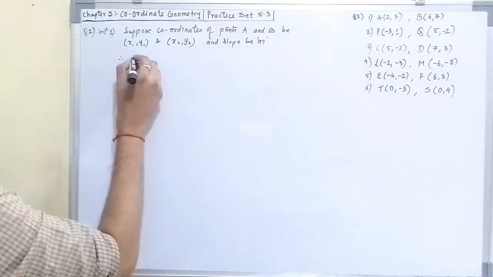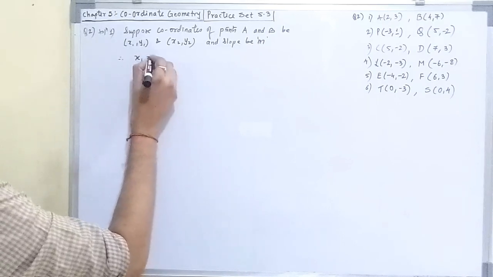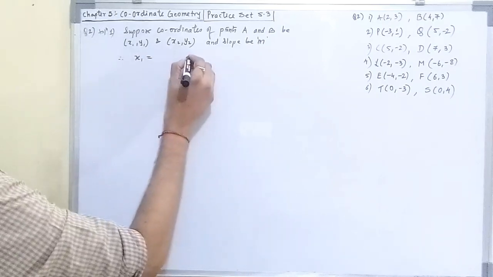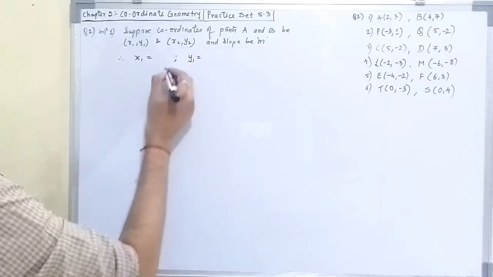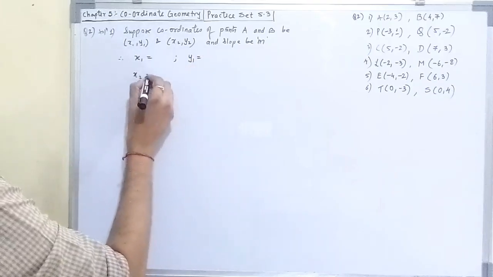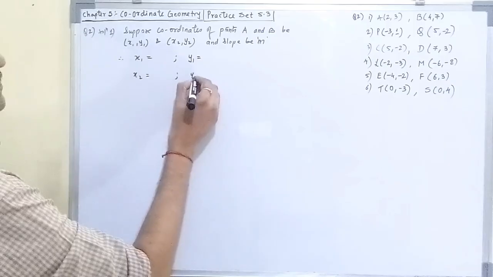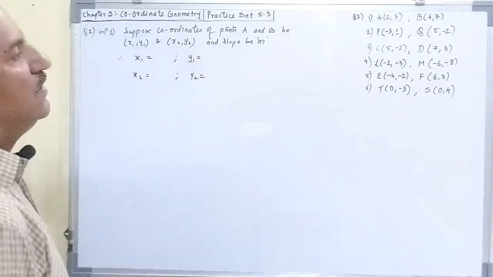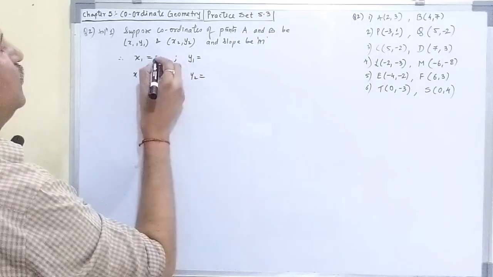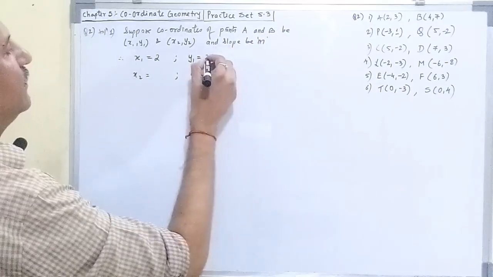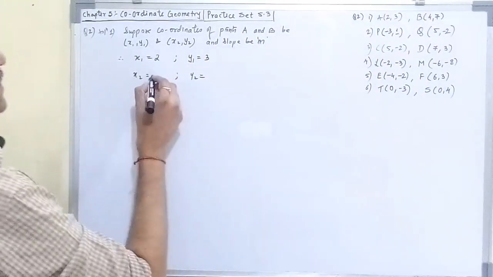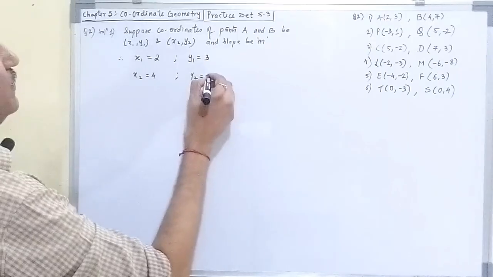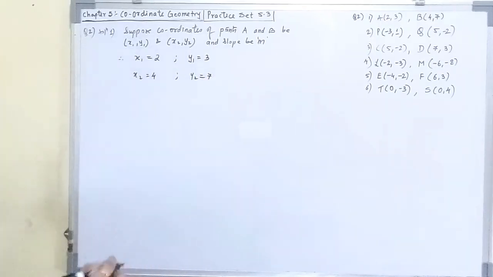Now, therefore, write what x1 is, what y1 is, what x2 is and what y2 is. x1 is 2, y1 is 3, x2 is 4, y2 is 7. So start.